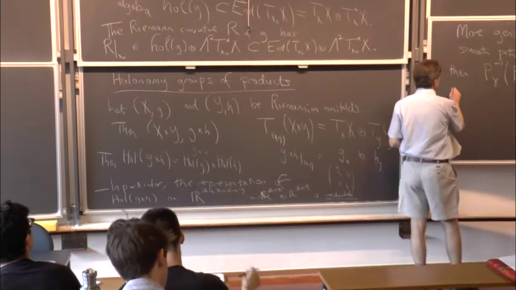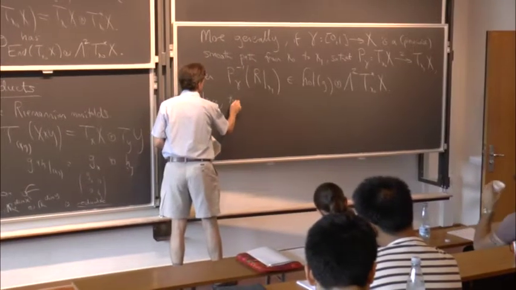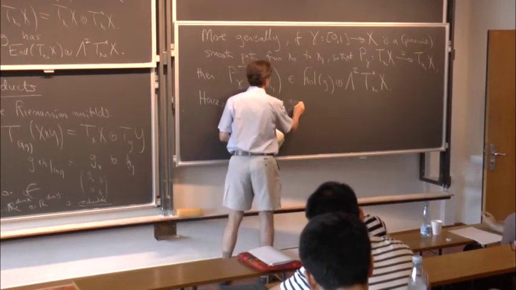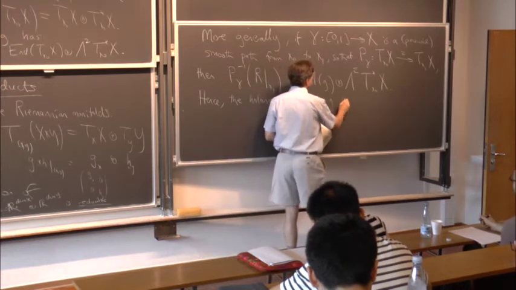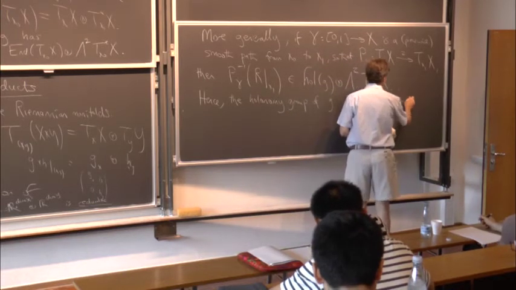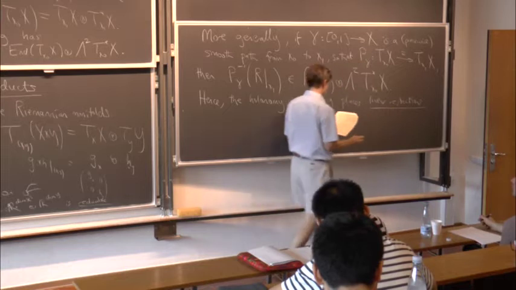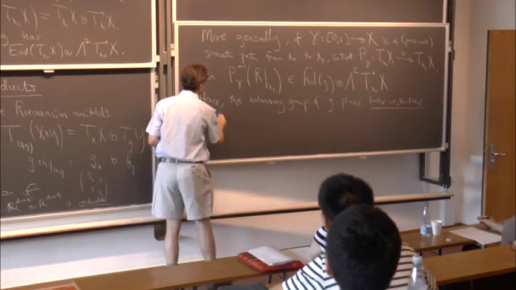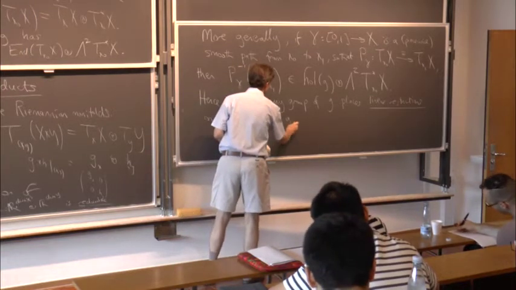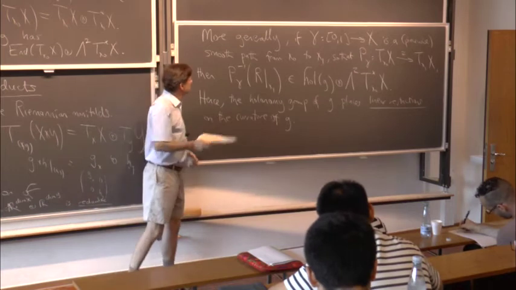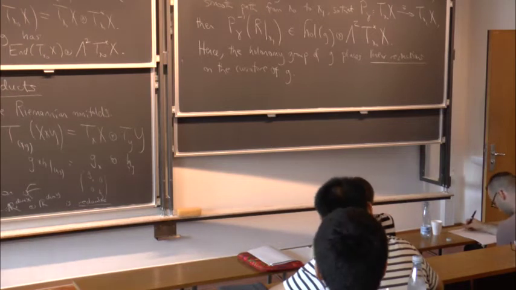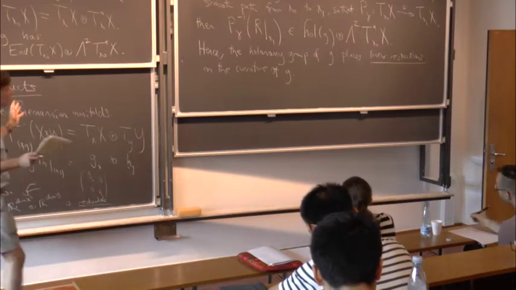Okay, so hence the holonomy group of G places linear restrictions on the curvature of G. So actually this whole thing is true generally for holonomy groups of connections on vector bundles.